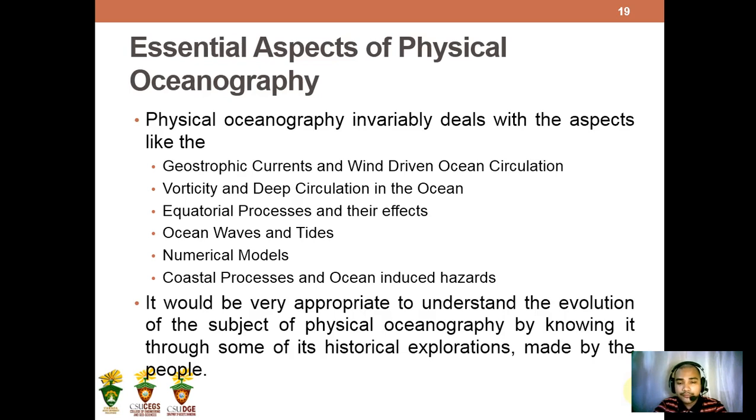What happens if there is a full moon, a new moon, a first quarter, or a second quarter moon? Of course, there is a gravitational attraction between two masses, the earth and the satellite, which is the moon. So they have a gravitational force.